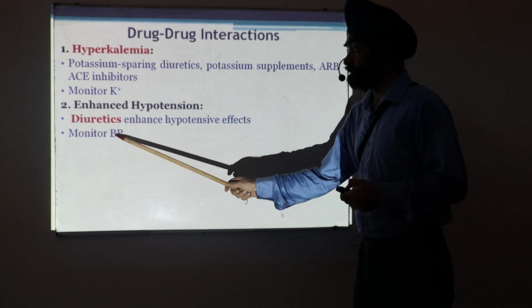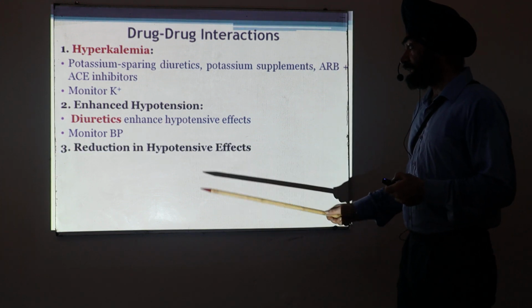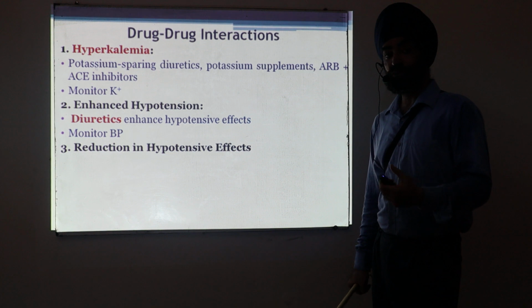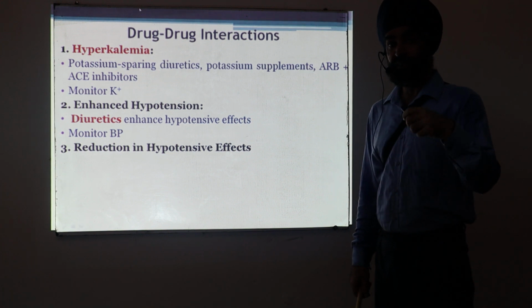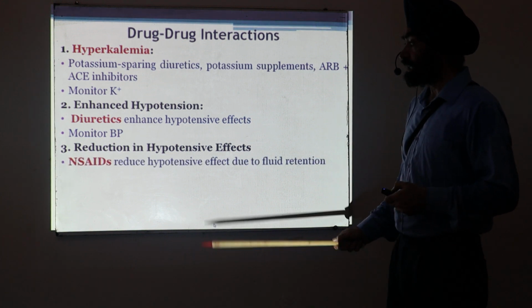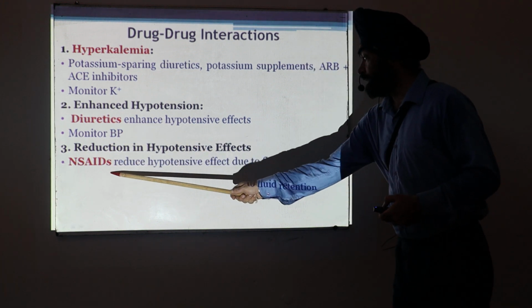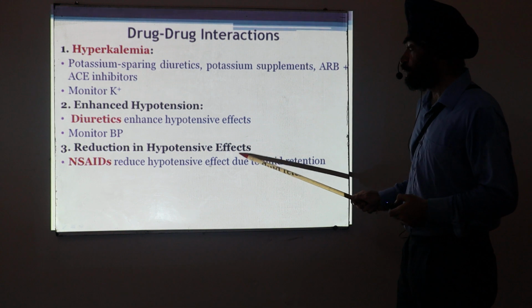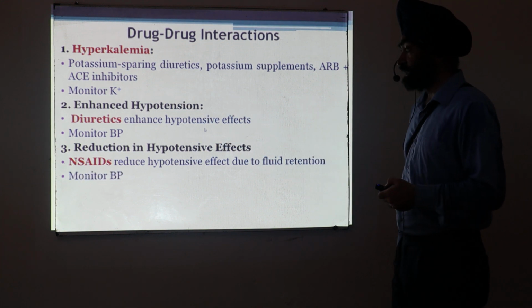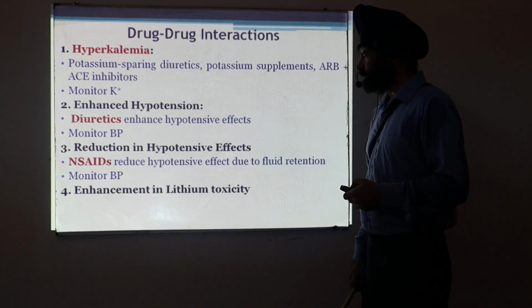So monitor BP. Reduction in hypotensive effect: you are giving ACE inhibitors, but the effect is not coming because you may be giving NSAIDs, which produce fluid retention and overcome the effect of ACE inhibitors. So monitor BP.